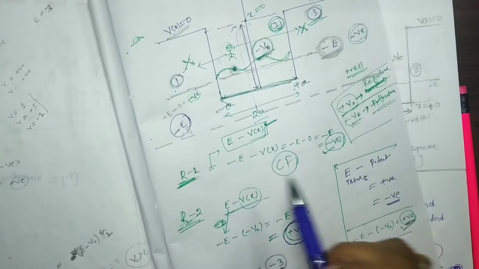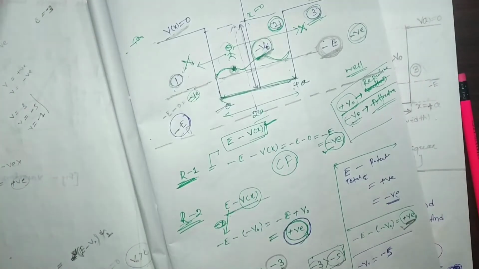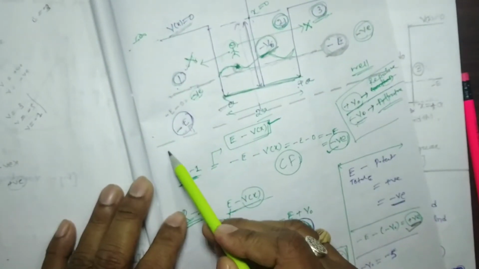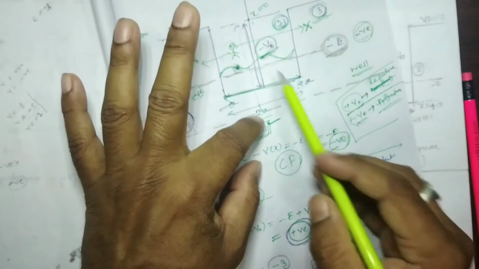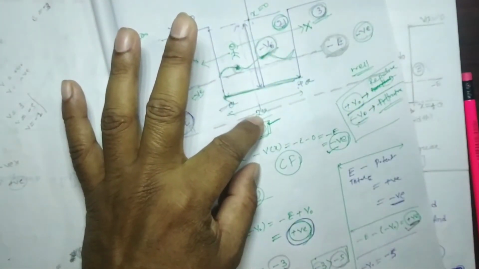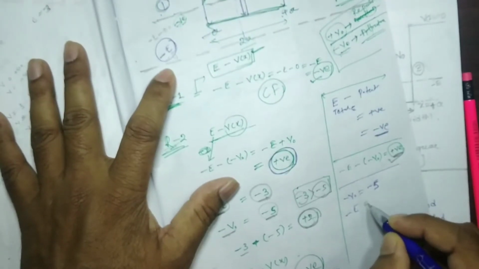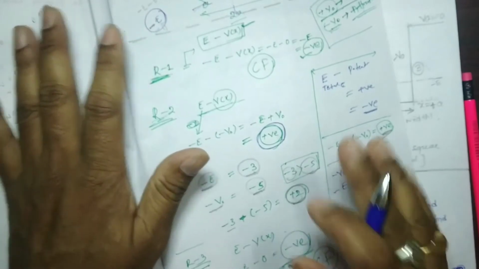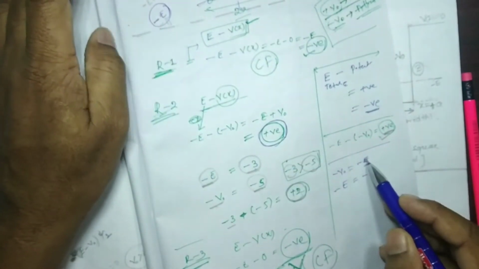If the total energy will be here, below this potential, that means we have to consider that minus E will be nothing but minus 7, because minus 7 is less than minus 5.